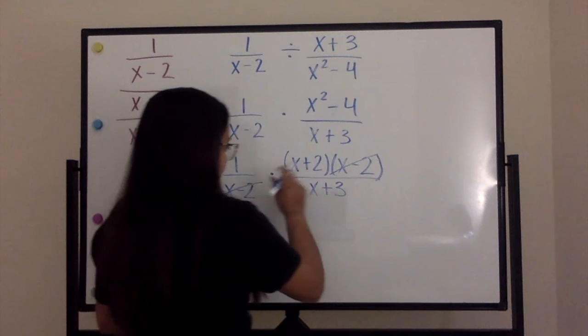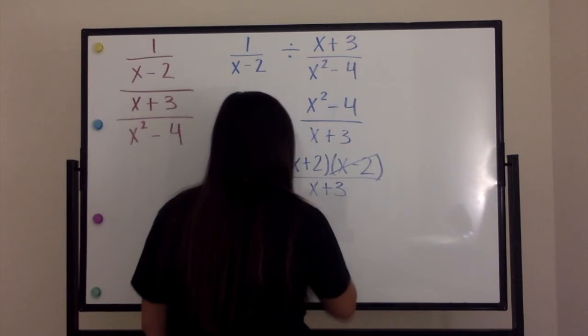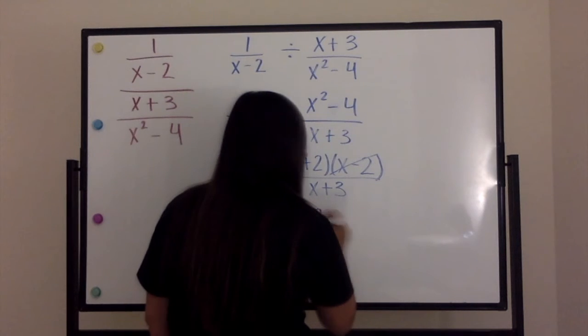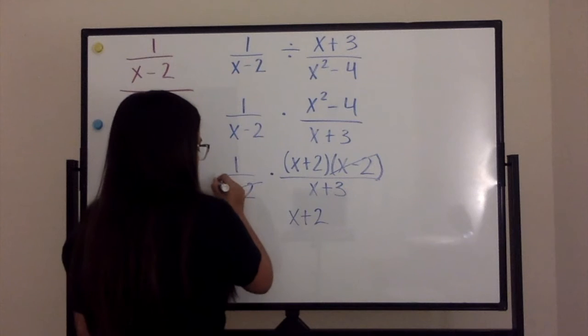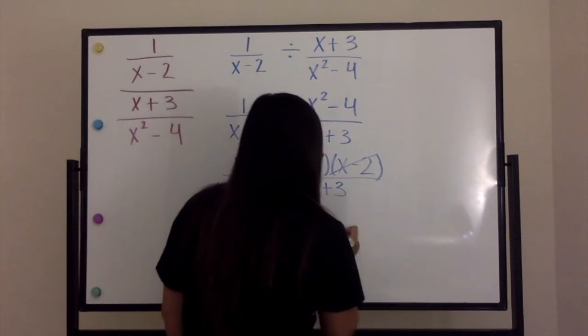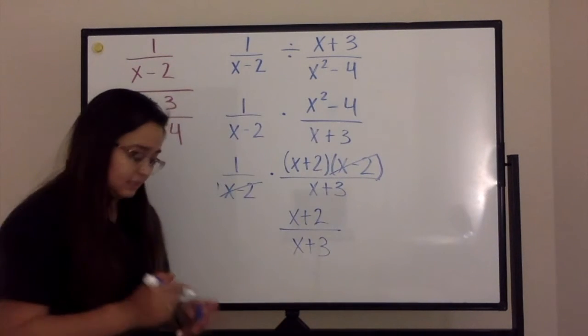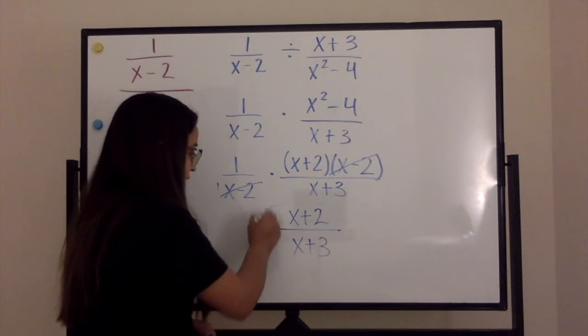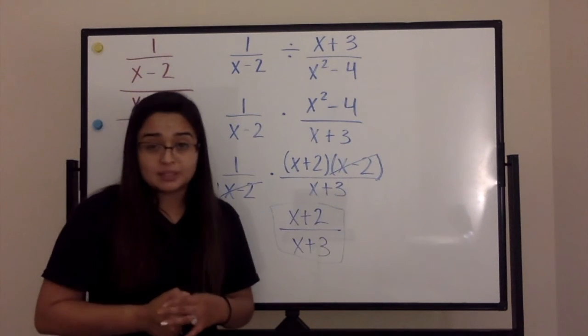So 1 times x plus 2. So we're going to be left with x plus 2 as our numerator, and as our denominator, we're left with 1 times x plus 3. So that is our final answer, and this is what we're left with.